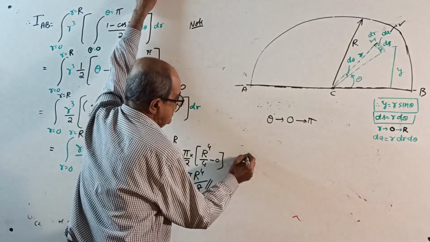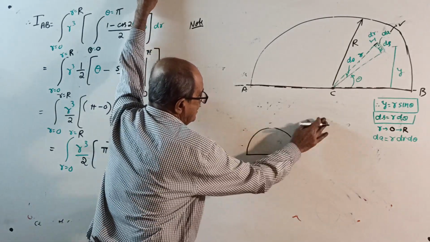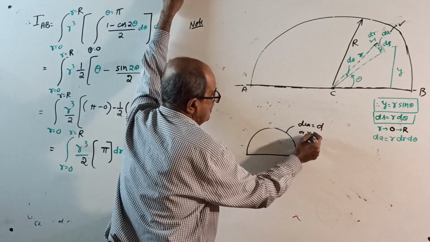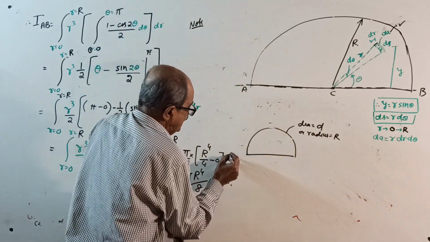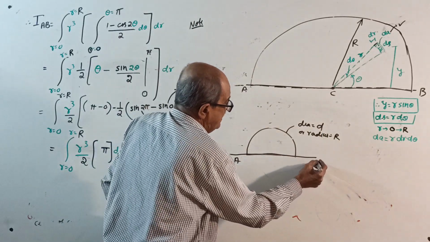That means if it is semicircular area, make a note here of diameter equal to d or radius equal to r, then moment of inertia, it is not centroidal, about the base here, IAB.